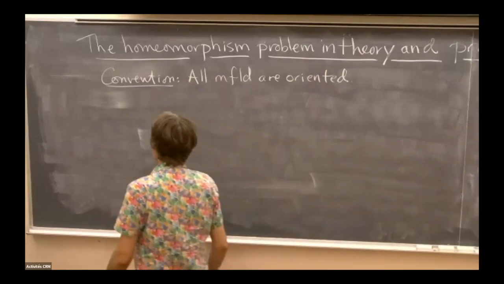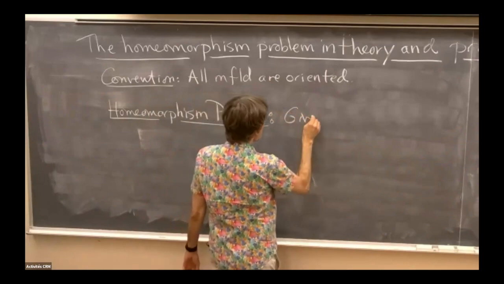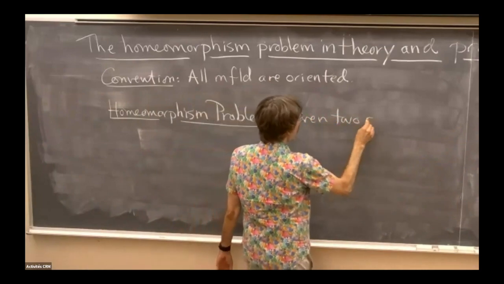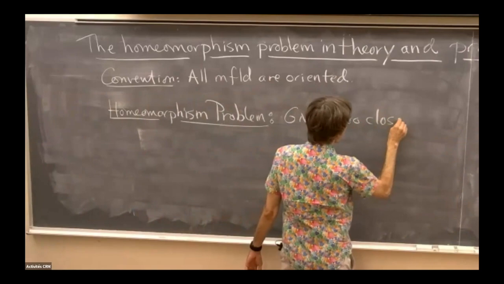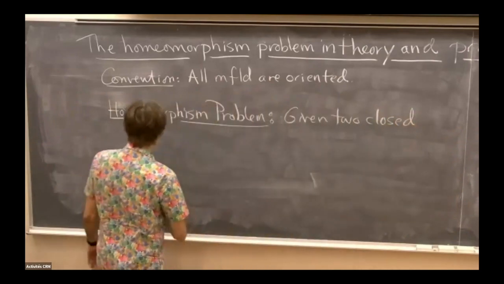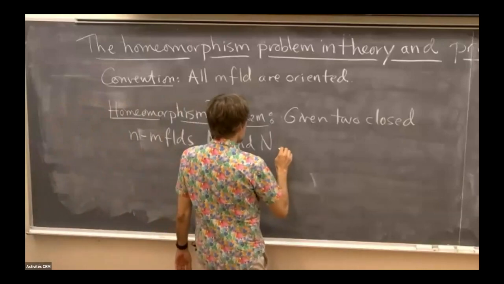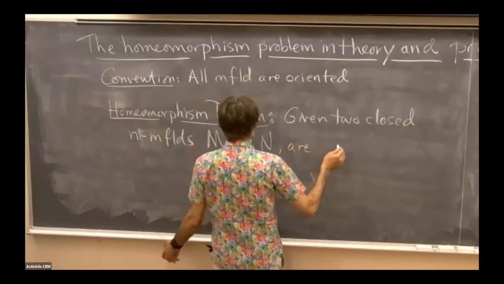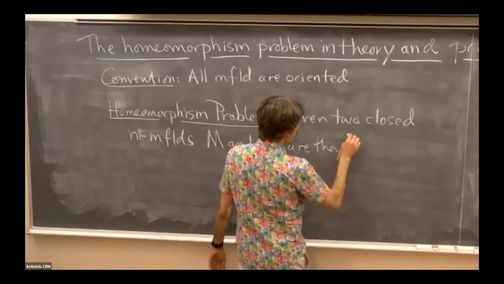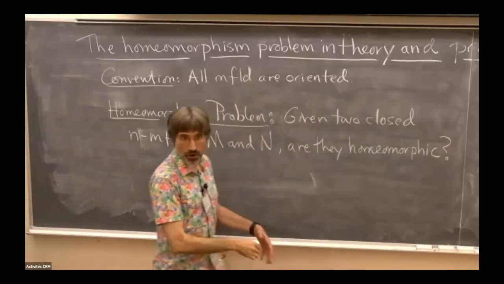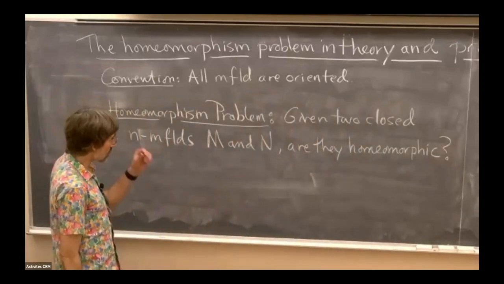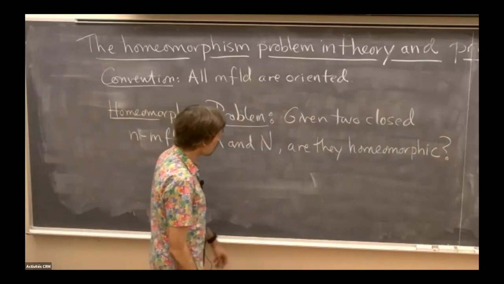So what's the homeomorphism problem? It's just, given two closed n manifolds, M and N, are they the same? Are they homeomorphic? Well, you could also ask about diffeomorphism, but in dimensions 2 and 3, there's no difference between these things, thankfully.